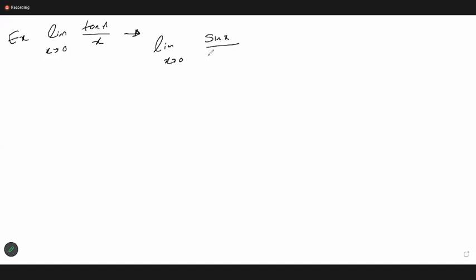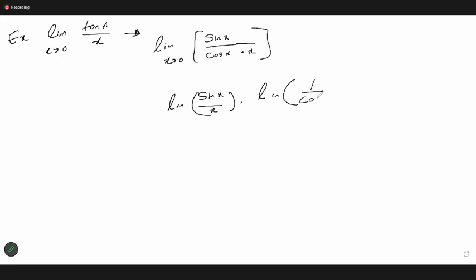Sin x over cos x. Now you have the terms, no? Sin x, x is there. So let's separate that one: sin x over x, then you can take the limit of 1 over cos x separately when x approaches 0.